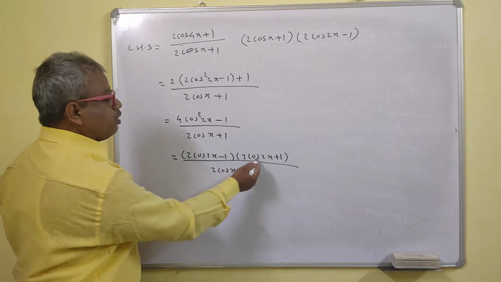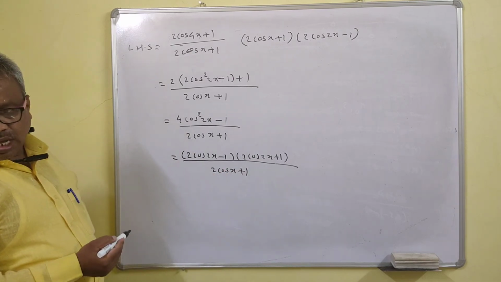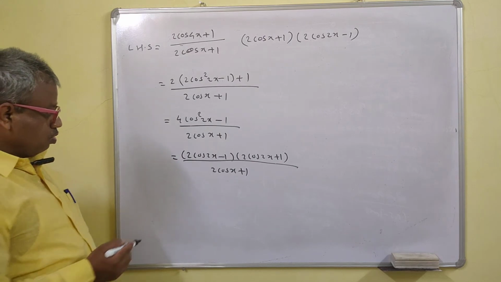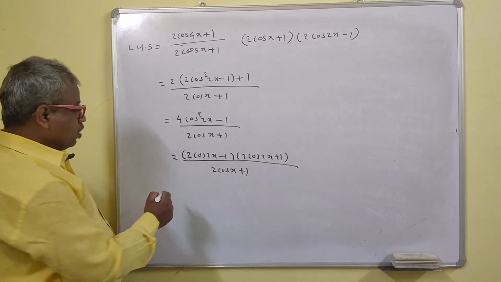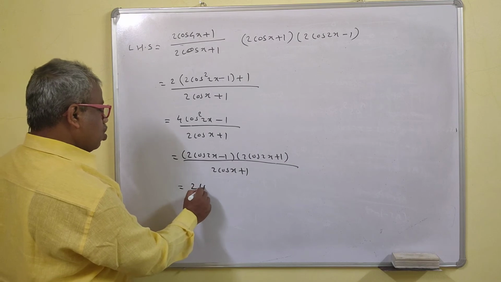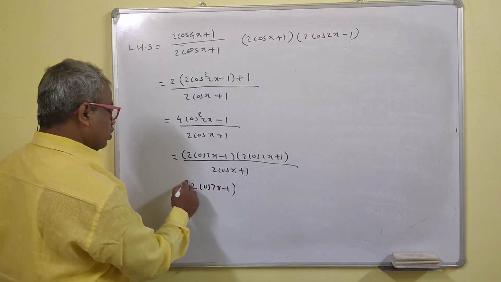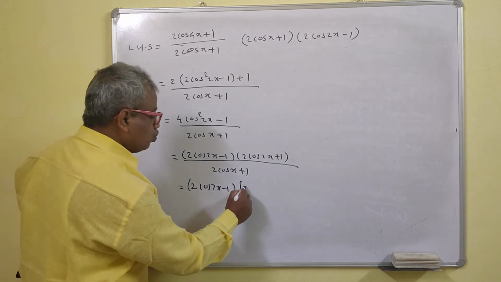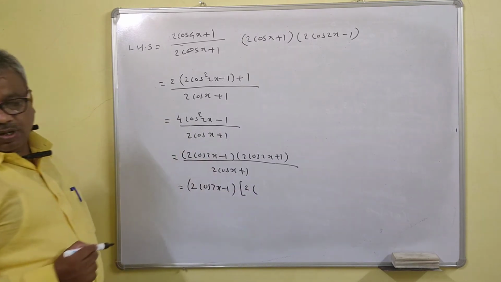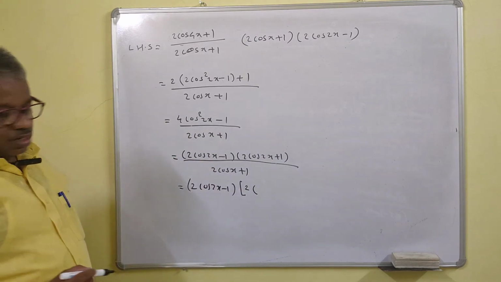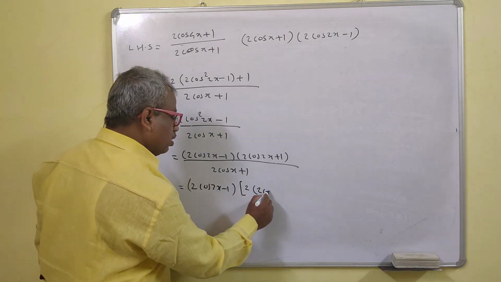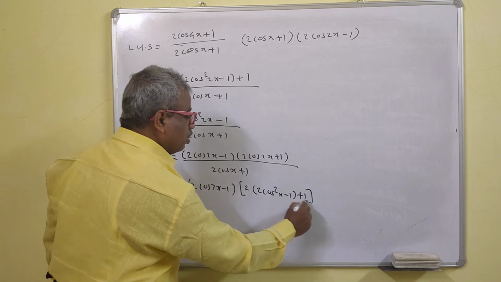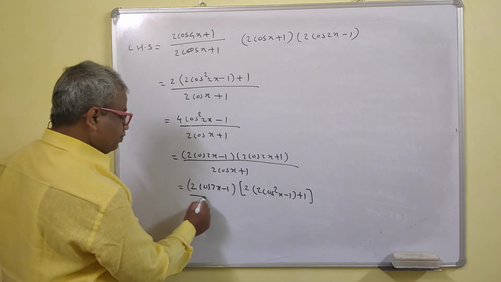Simple. This is your cos twice x. I will apply again that formula: 2 cos square, 2 cos twice x minus 1. I will write this in square bracket. I will write this 2 as it is. I will write the formula for cos twice x, so this will be 2 cos square x minus 1 plus 1, the square bracket complete.